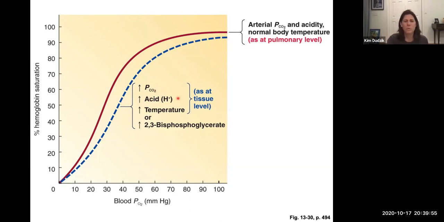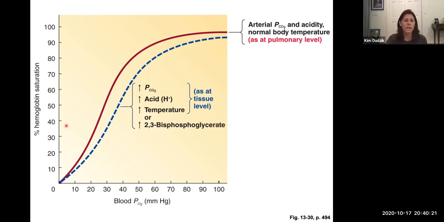CO2 can cause more acid to be released. Okay. If a cell is doing more metabolism, that means it's releasing more heat. And with more metabolism and using all the oxygen, it might be doing more glycolysis. And so you see this molecule rise. All of these things point to the cell needing more oxygen to do the increased work that it's doing.